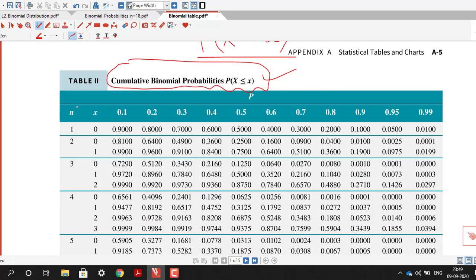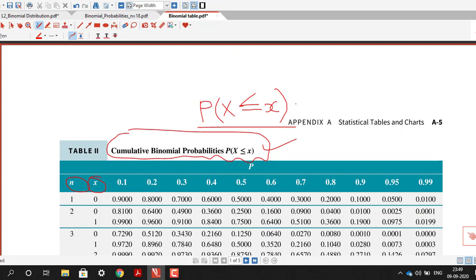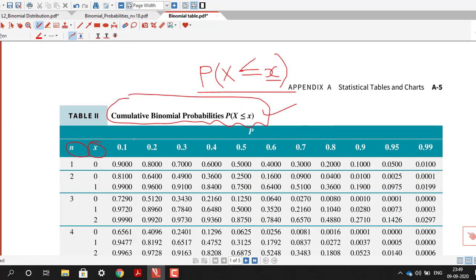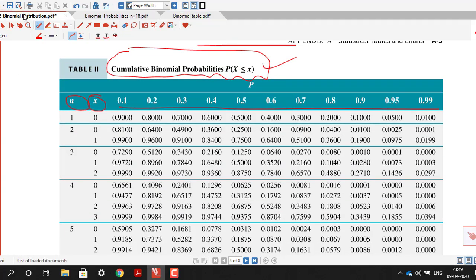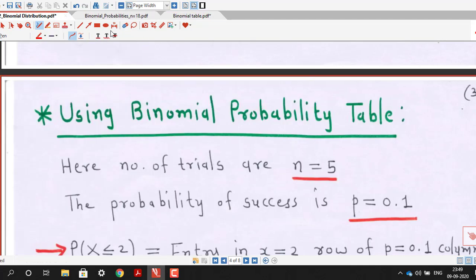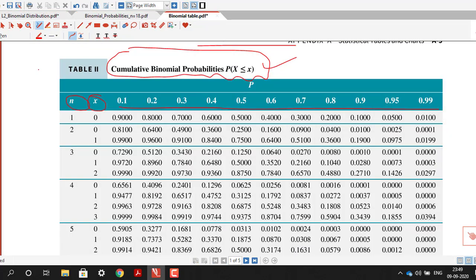And you can see this first column corresponds to values of n, second for values of small x, that is values of random variable, and these columns are corresponding to the probability of success. So in this example, n is 5, p is 0.1.